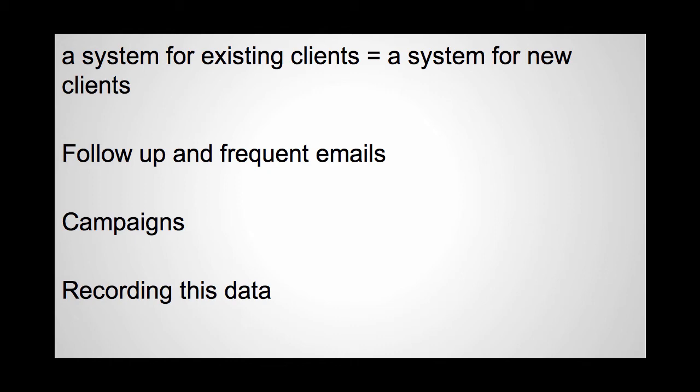A system for existing clients is going to be a system for your new clients. What I mean to say is if you have a process in place where there's follow-up, frequent emails to your existing customer database, then you will have a system in place that will be operative and attract your new customers.